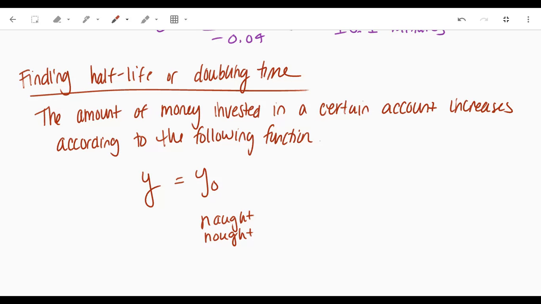I think it's A. Okay, so this is y naught. Naught is like a fancy word for zero. So it's your initial y value. Just being fancy. Okay, and then e to the 0.015 t. So y is the amount. Y naught is the initial amount. And then t is time. Okay, and they want to know after how many years will it double.